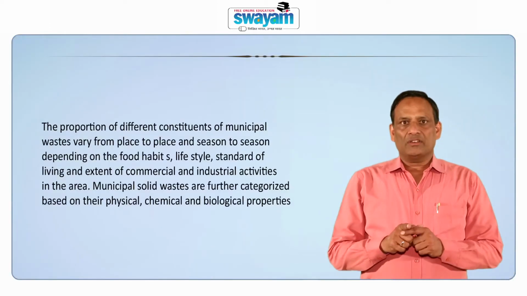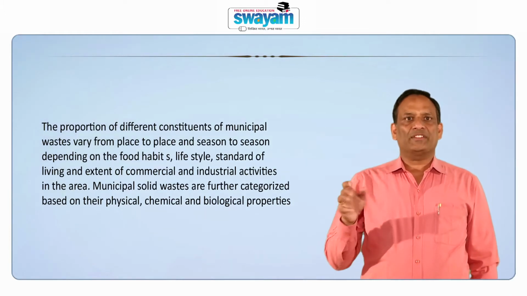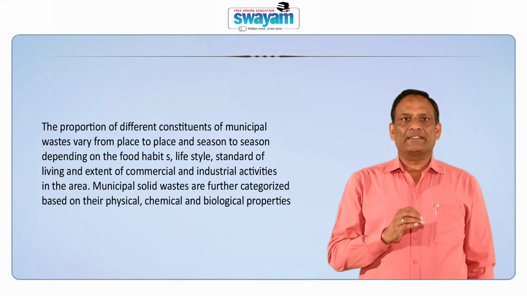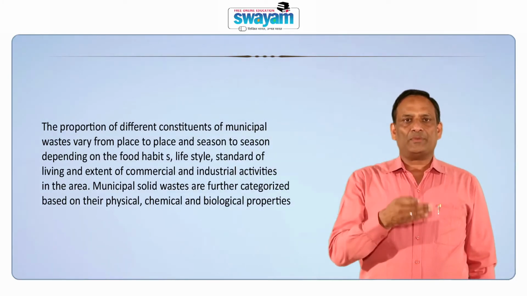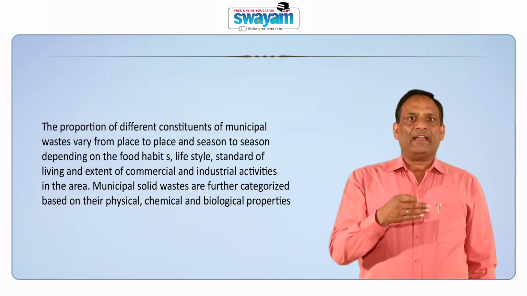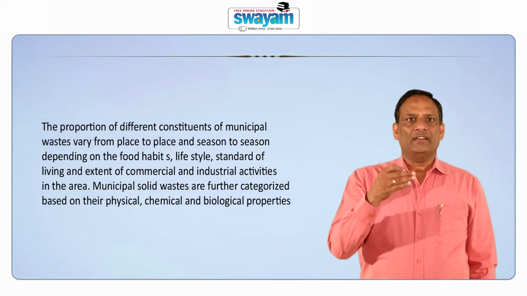The proportion of different constituents of municipality waste varies from place to place, season to season, depending on the food habits of the people living in an area, on the lifestyle and standard of living, and extent of commercial and industrial activities in an area.